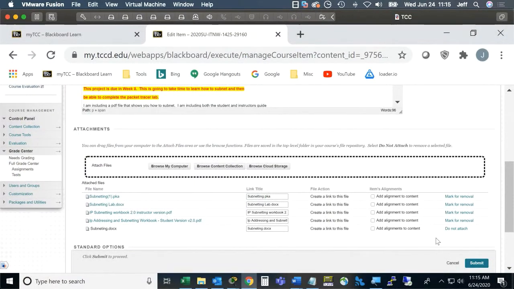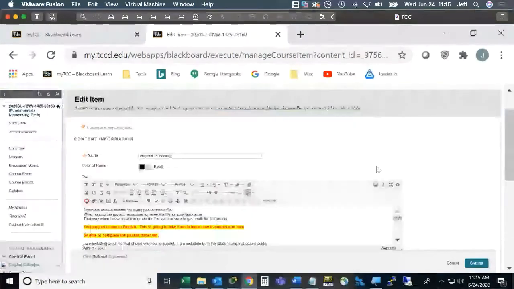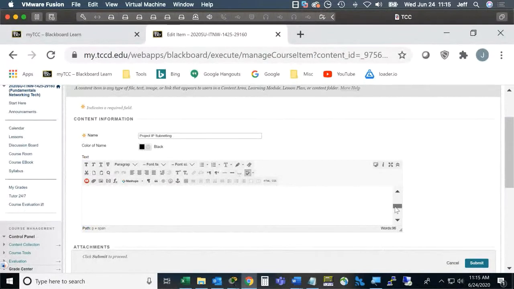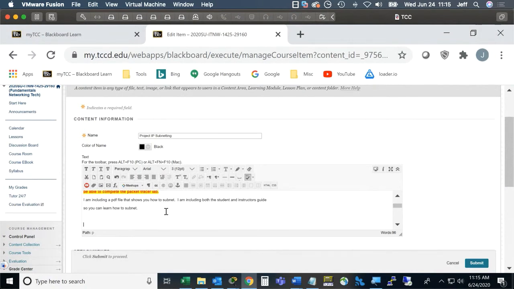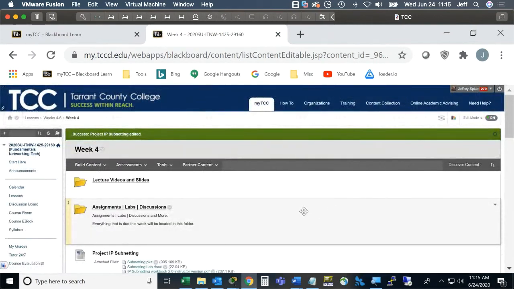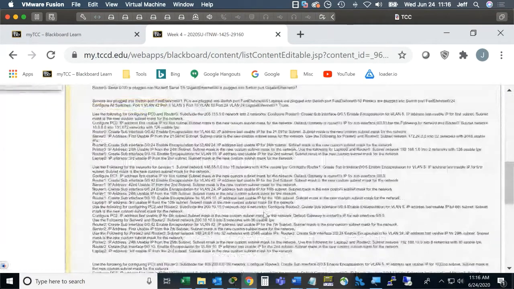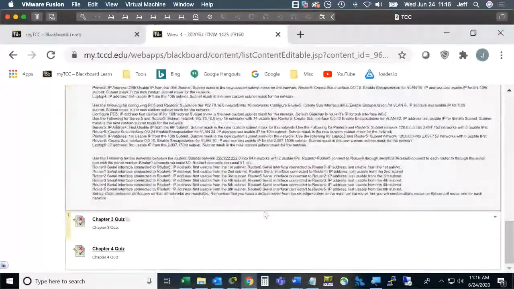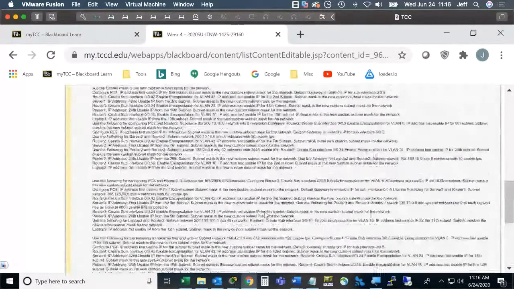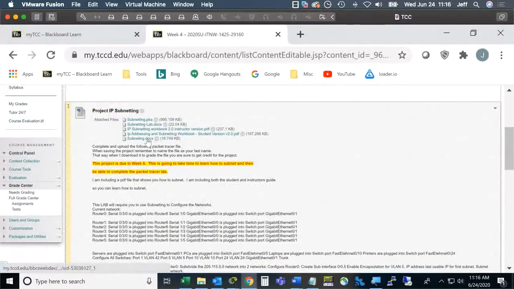I realize we don't have a working printer. Let me see, this might be too much to be putting in there. We'll see how that looks. I've put it in here as well, so it's just text right there, and then you can download the instructions, the subnetting doc.